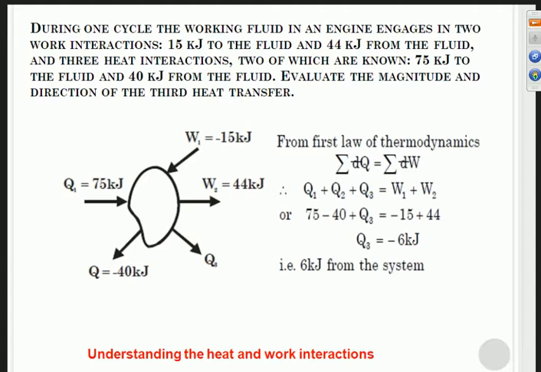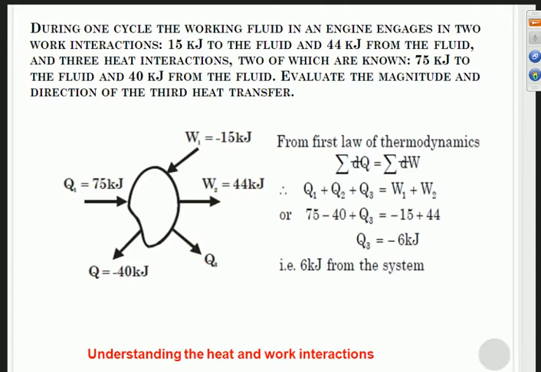Take one example here, one problem. During one cycle, the working fluid in an engine engages in two work interactions: 15 kilojoules to the fluid, that is W1 is equal to minus 15 kilojoules, represented towards the system in the figure, and 44 kilojoules from the fluid, represented by an arrow outside the system, W2 is equal to 44 kilojoules.